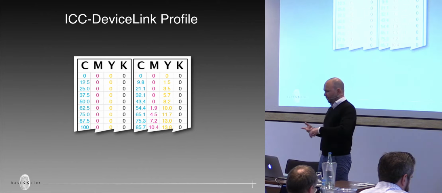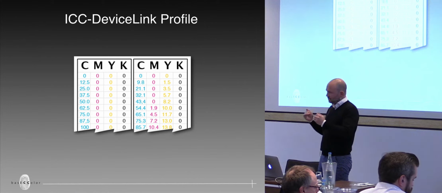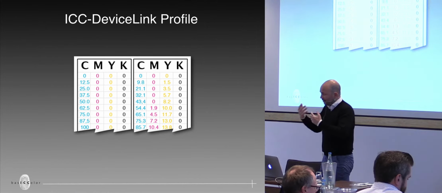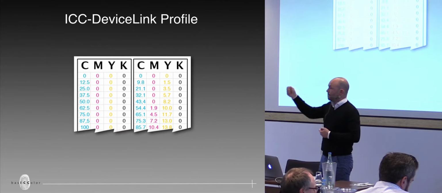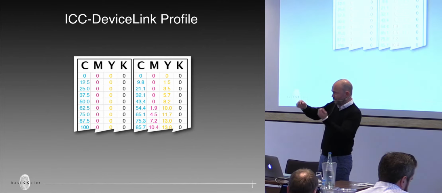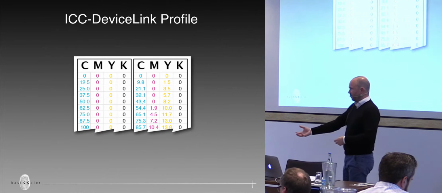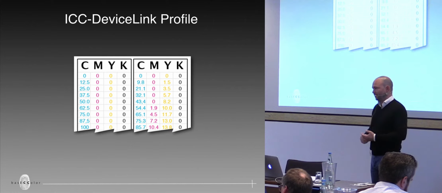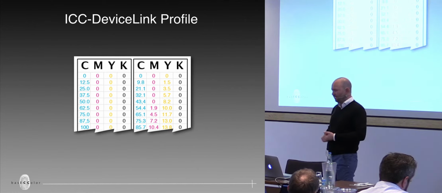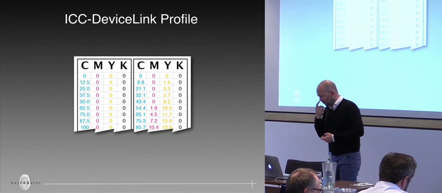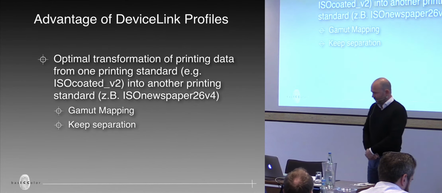The second is, I don't know if it's already official in the ICC or not, I have to check it, but there's also the possibility to embed the ICC profiles, source and destination, within the DeviceLink profile, so it can be extracted and assigned. And that's the P sequence, I think, but I have to check it. But that's also possible. So this is a DeviceLink profile.